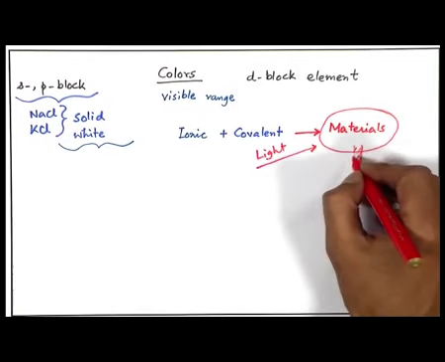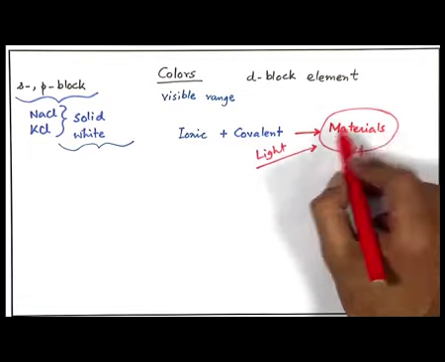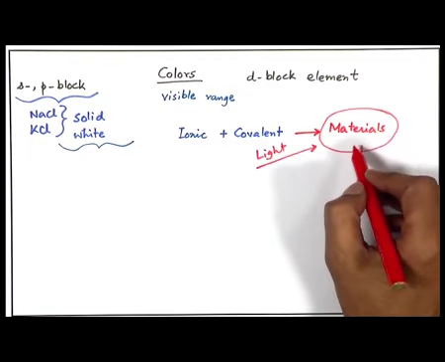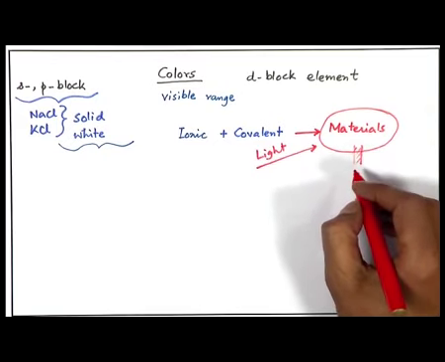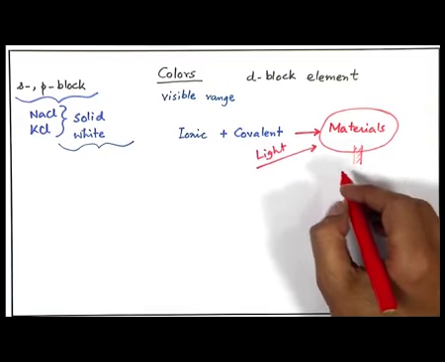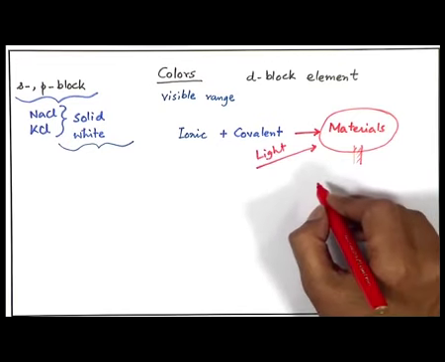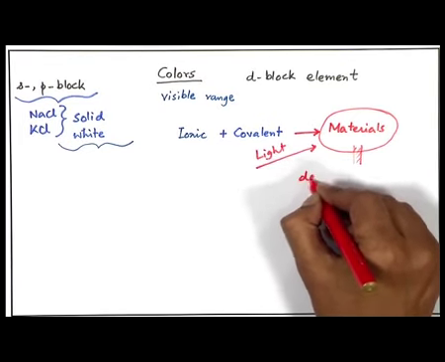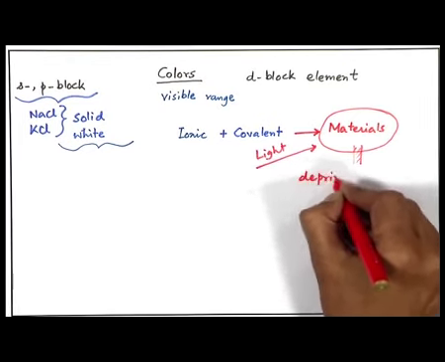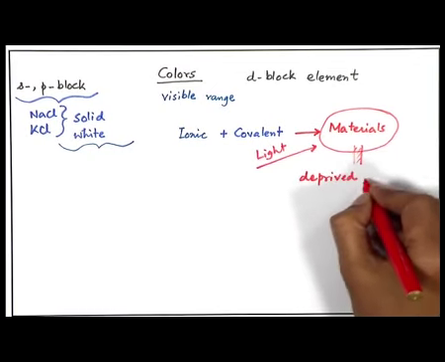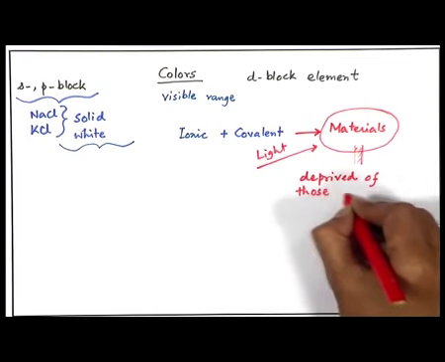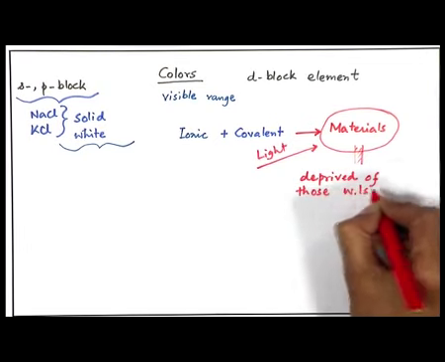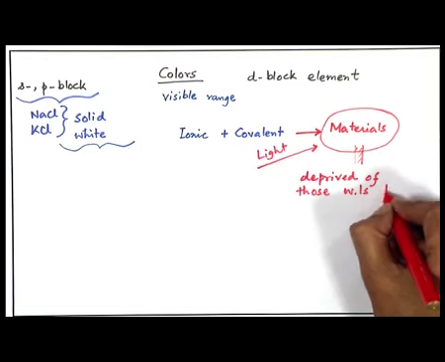So, what particular wavelengths are we talking about? The material can absorb some parts, say the blue region or the green region or the red region of the electronic spectrum for the visible range. They will be deprived of those wavelengths which are absorbed.